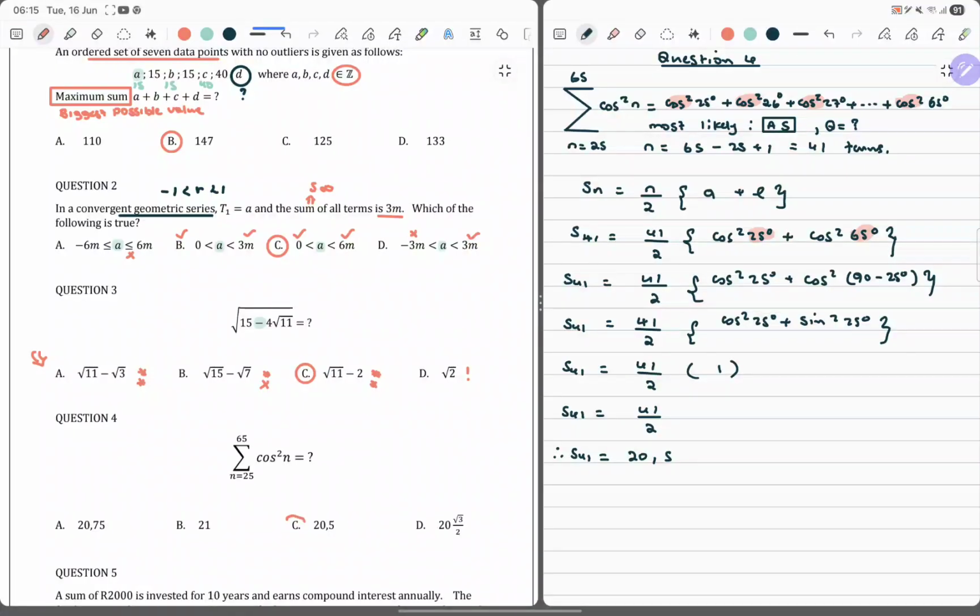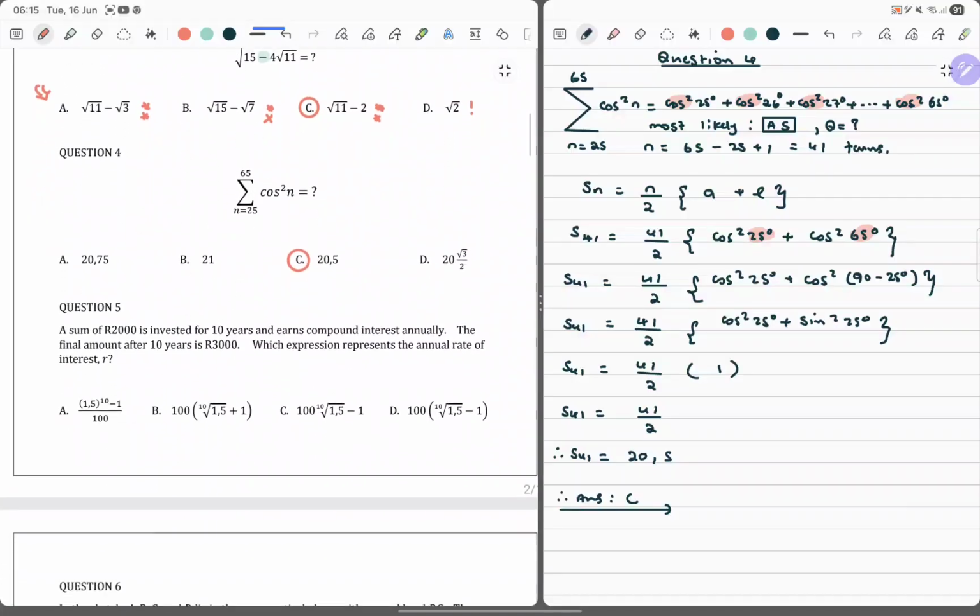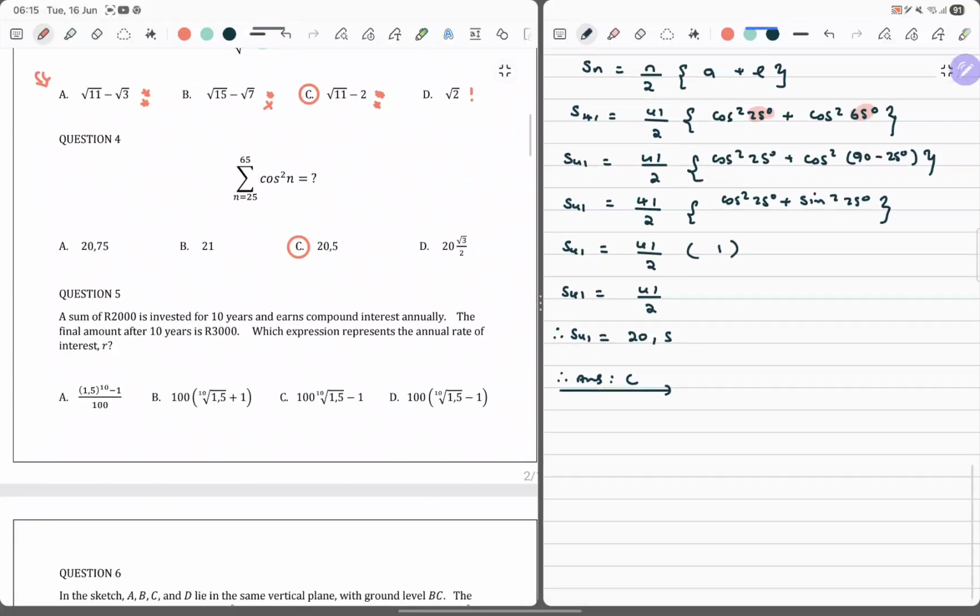Right, so the answer becomes option C. Okay, so a bit of an interesting question on trigonometry using sequences and series, and of course along the way strategizing to maximize on our answer.